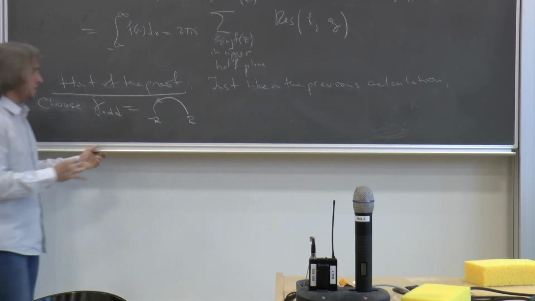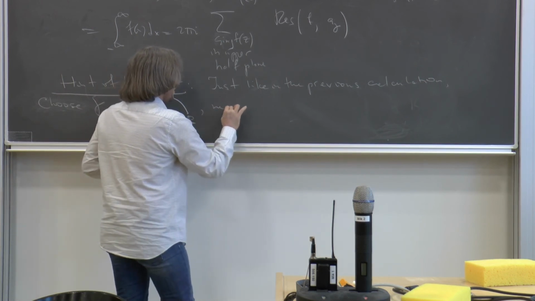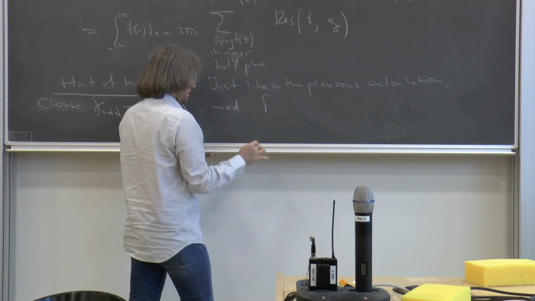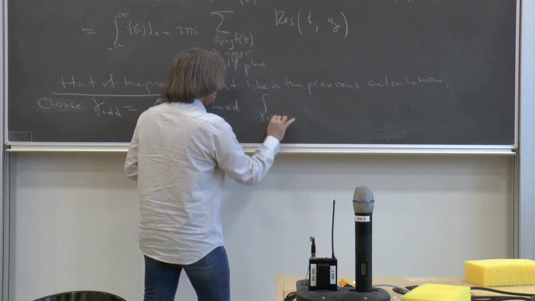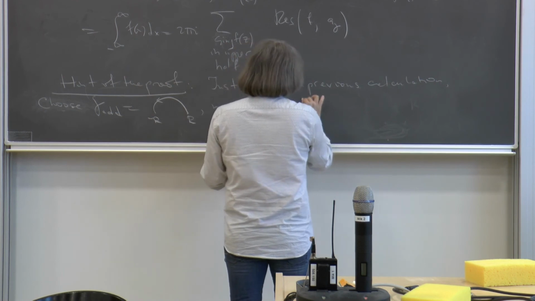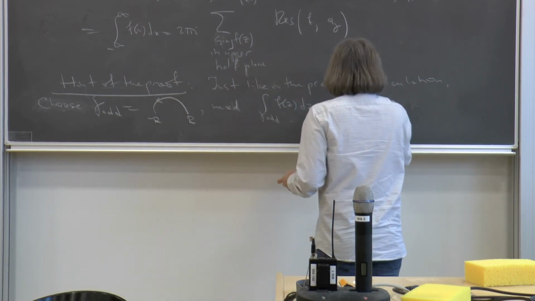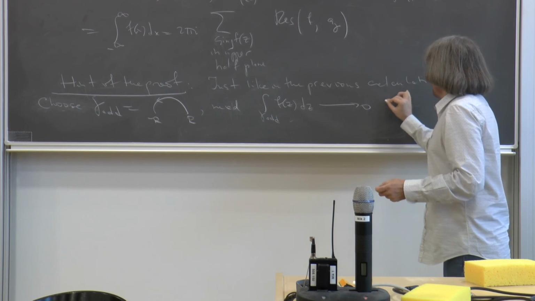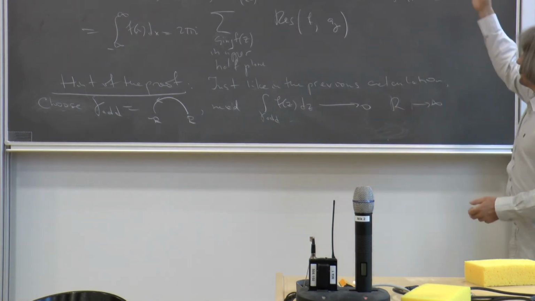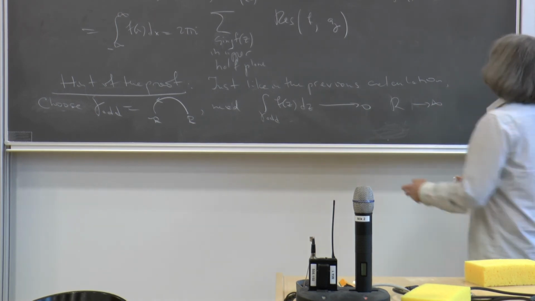And then we need to see that the integral over this gamma ad of f of z dz tends to 0 when r goes to infinity. And this is exactly the calculation above.